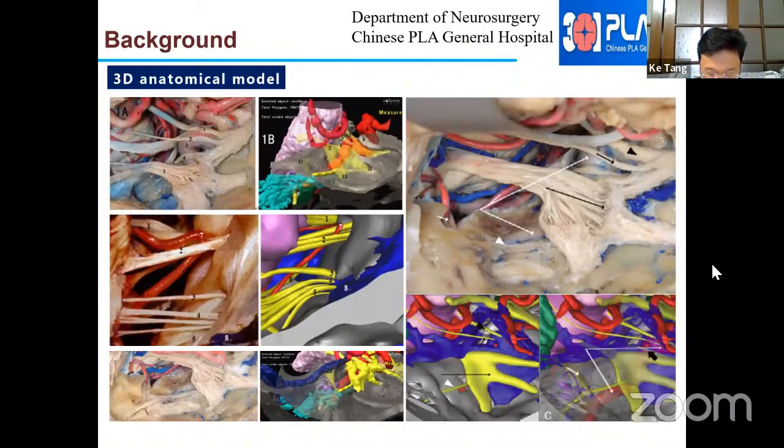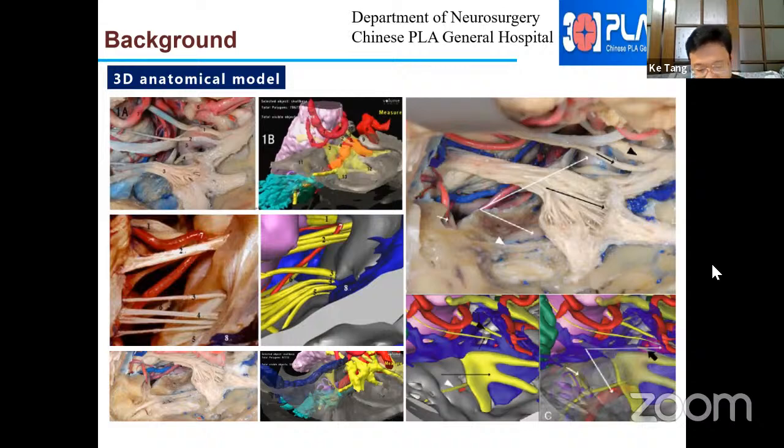Reconstructed images of the osseous, the bony structures, were extracted from the CT data obtained prior to the artery and vein perfusion. Reconstructed images of the brain tissues were extracted directly from the MRI data obtained prior to cadaveric dissection. Reconstructed images of the arteries were obtained from the CT data obtained after artery perfusion.